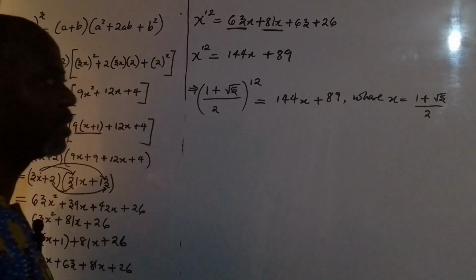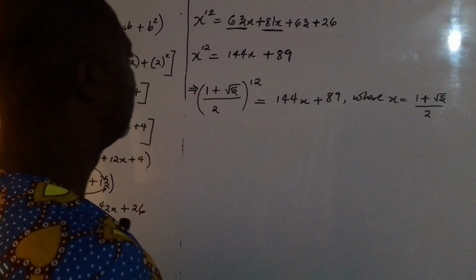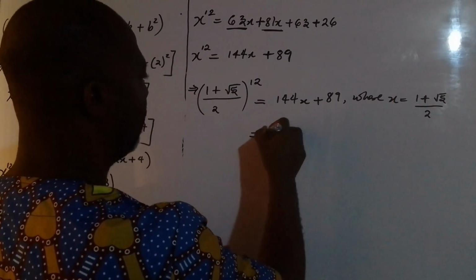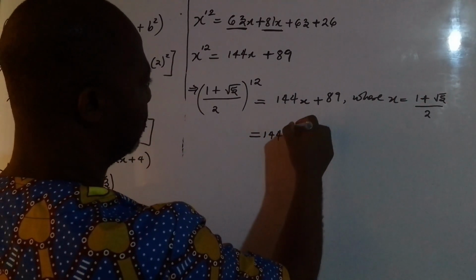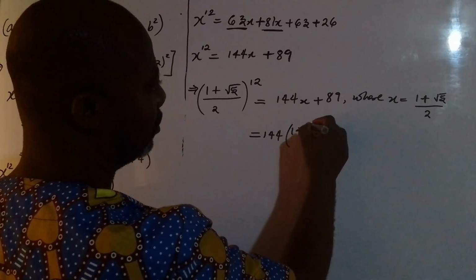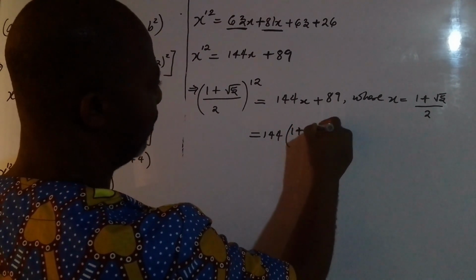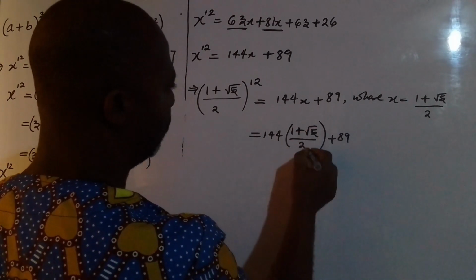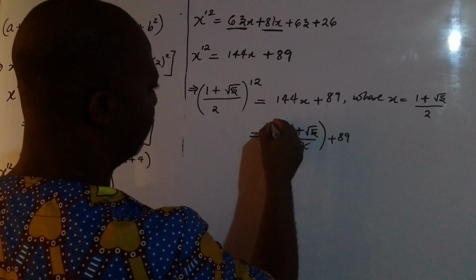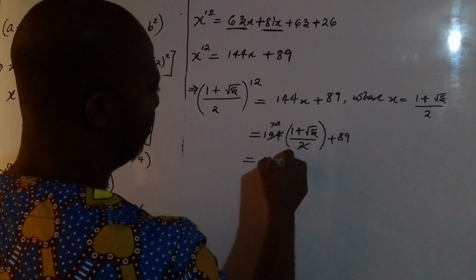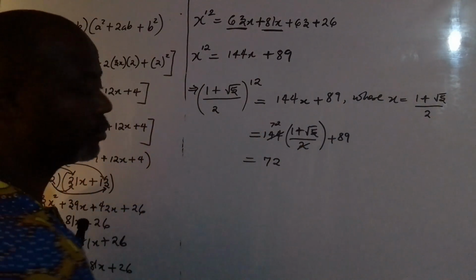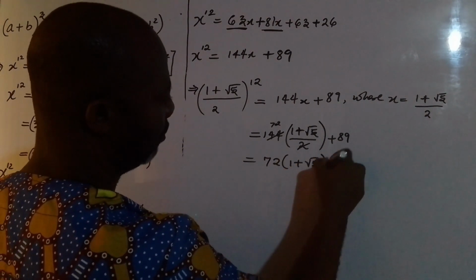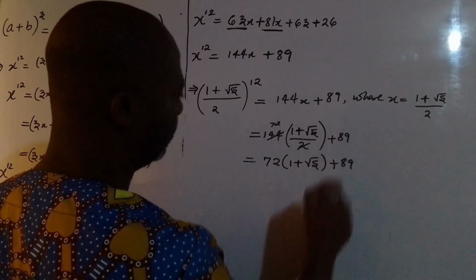So I'm going to replace x with (1 + root 5) over 2. So I have 144 times (1 + root 5) all over 2, plus 89. So this and this will cancel out, and I have 72 times (1 + root 5) plus 89.